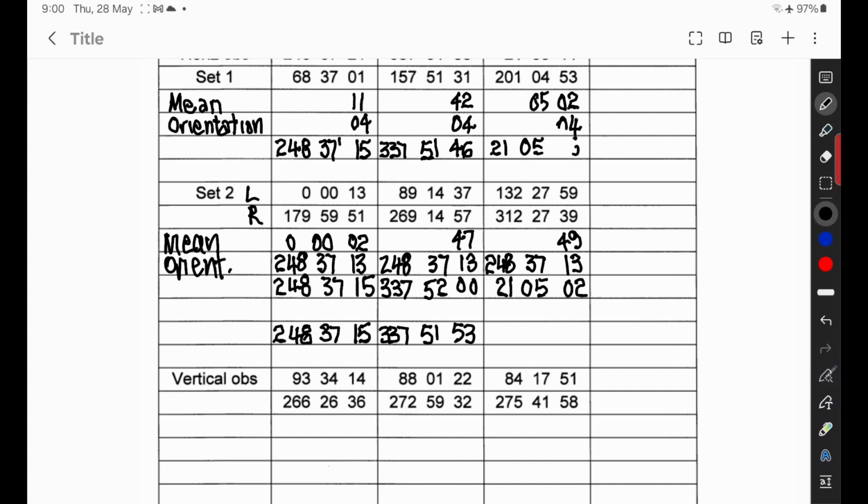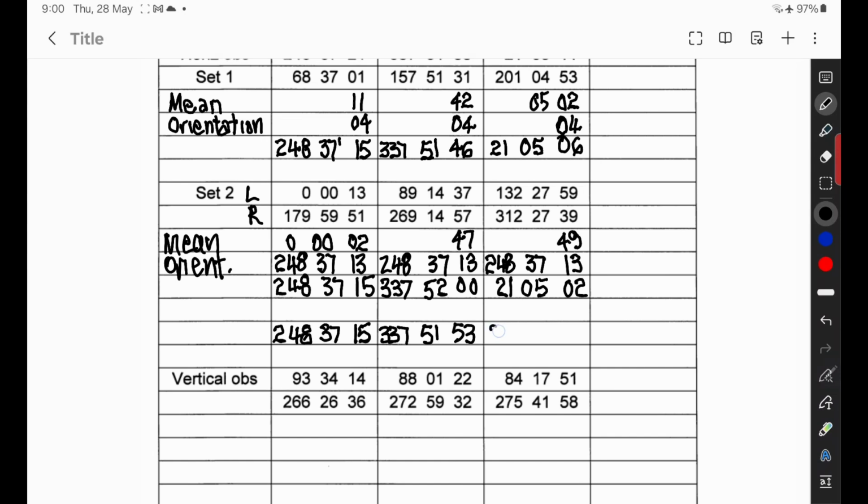Looks like a 4. Good Lord. I'll just fix that up. And that should be 06. Got hindered by my own inability to write clearly.